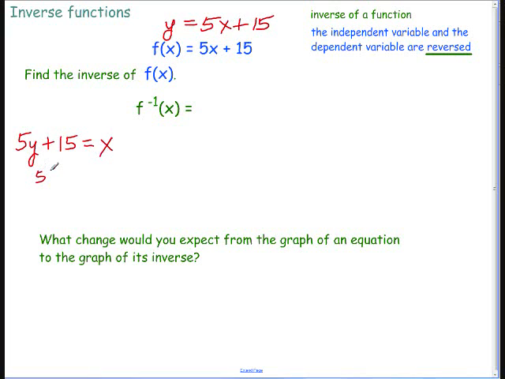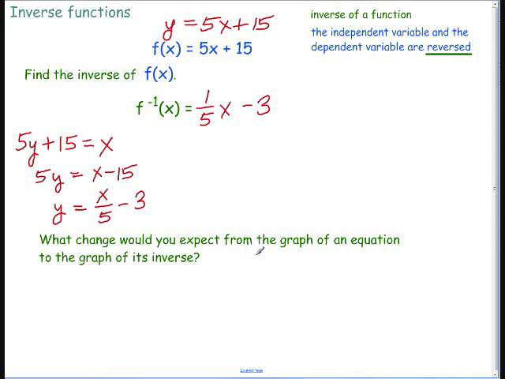I'm going to have 5y equals x minus 15. Y equals, I'm going to divide everything through by 5, x over 5 minus 15 over 5, but that would also be known as 3. So I think right here I would write 1/5 x minus 3 is the inverse of function f.